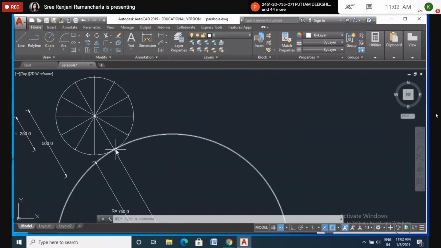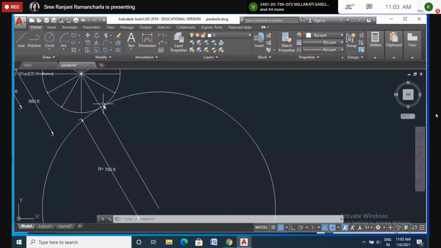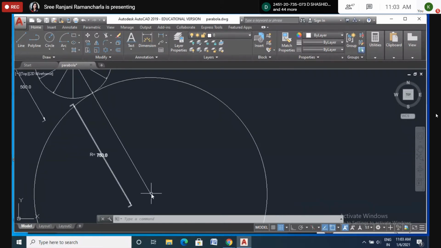So from here, what you have to do is make it 120 degrees with protractor. Keep the center of the protractor here, and measure from 0 till here 120 in a clockwise direction.